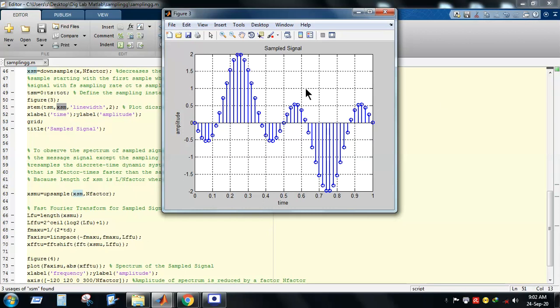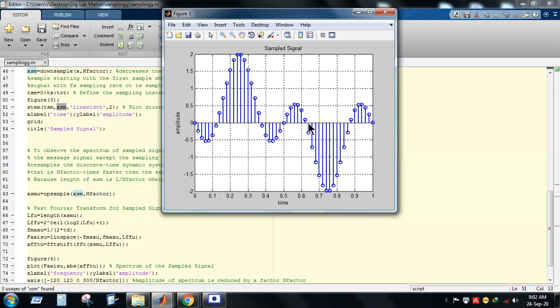MATLAB is basically a computational tool. It will not understand the difference between the two. It will treat it like a defined signal which has a total of 51 values. It will not consider that, for example, out of every 10 values, 9 are 0.